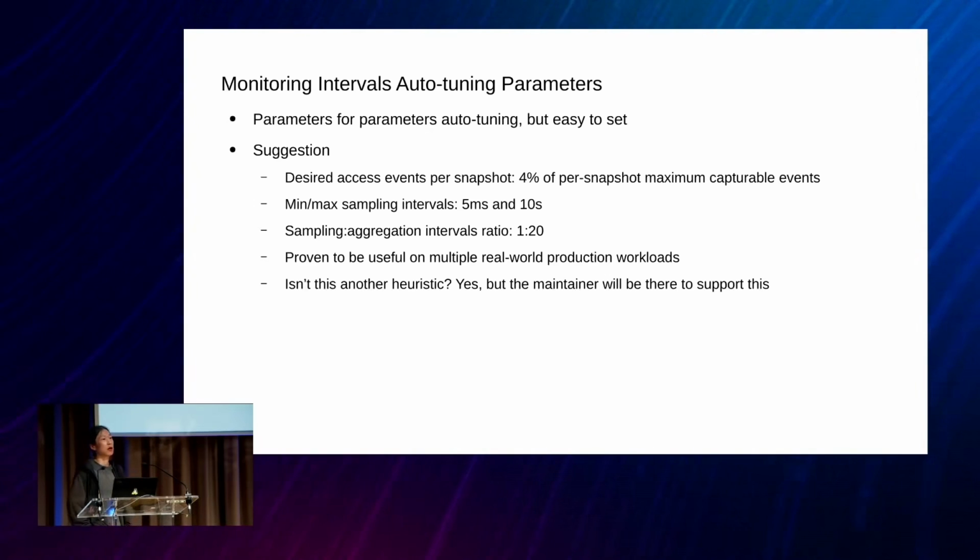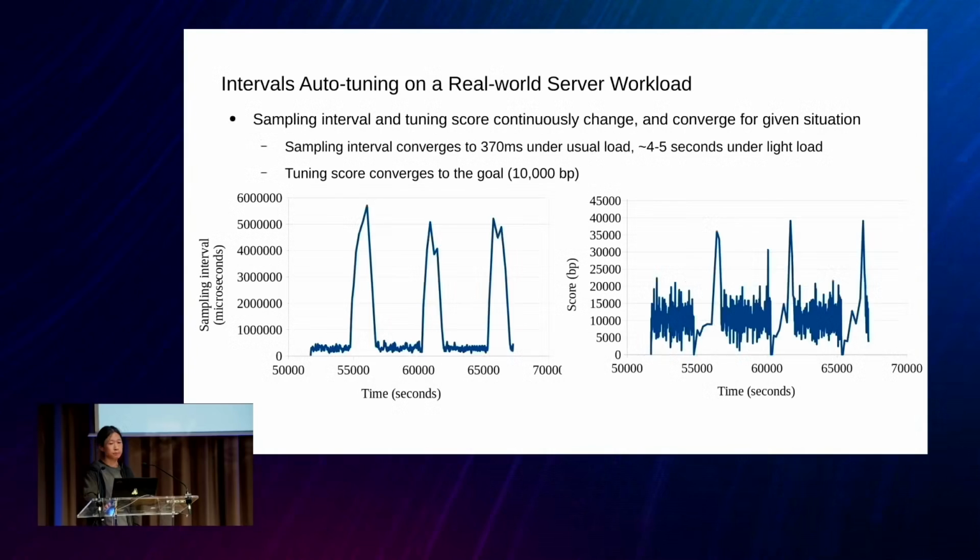So these are values that we made as another heuristic, only just heuristics, but we have proved that these values work on some real workloads, and also we are aiming to support these values as a maintainer.